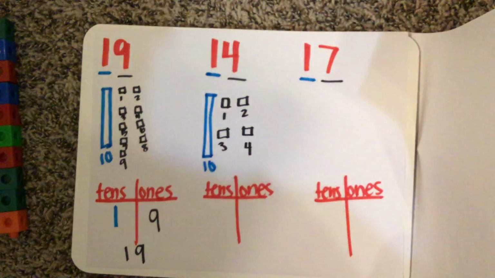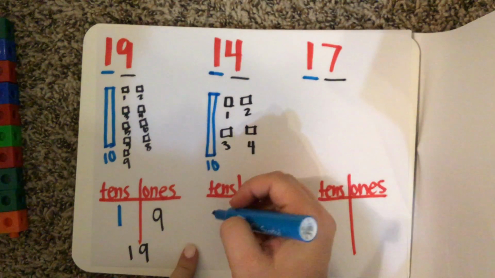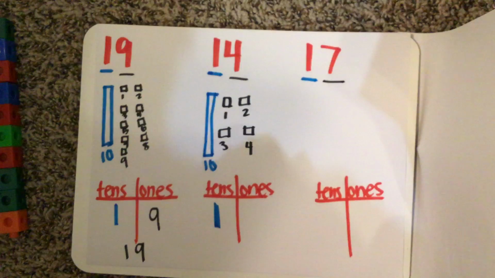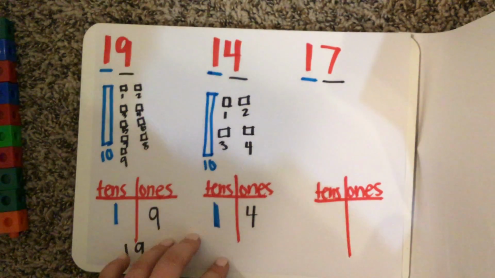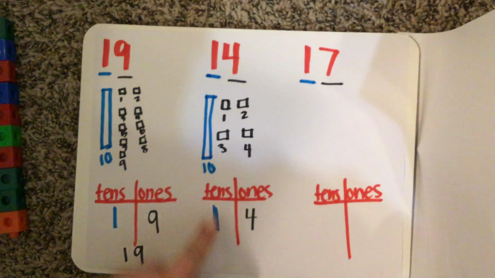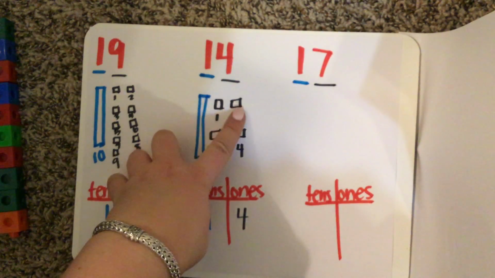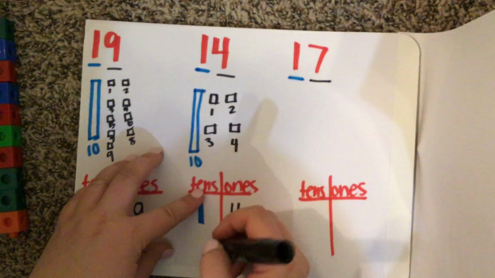So how many blue rods do I have? I just have one group of 10. And how many ones do I have? I have 4. 1, 2, 3, 4. So I have 10, 11, 12, 13, 14 to give me my number 14.